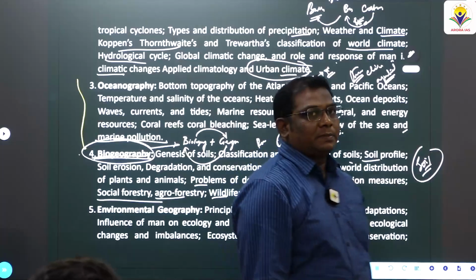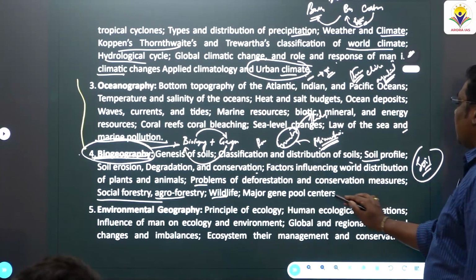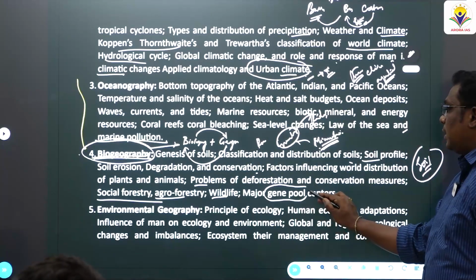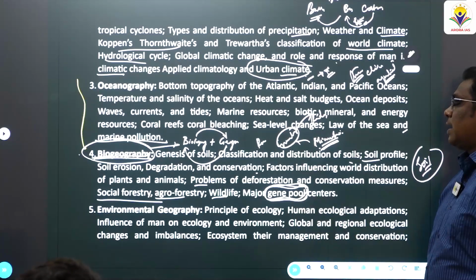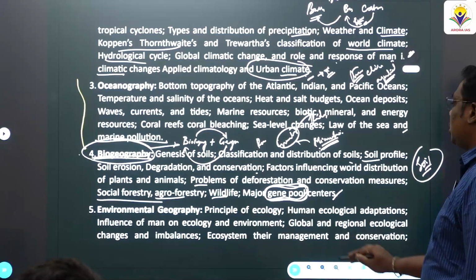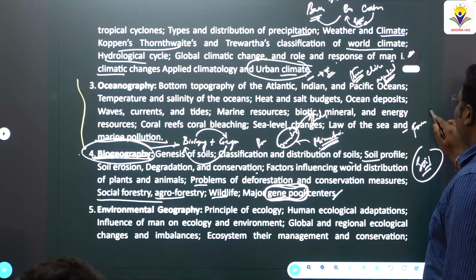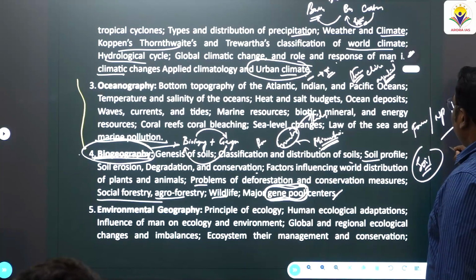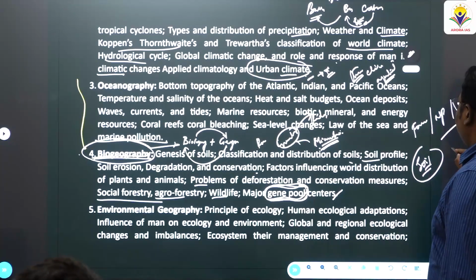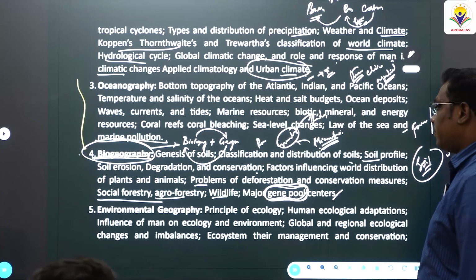Gene pool centers means the regions where the genetic diversity is very huge. That may be a forest, a national park, a biosphere reserve, or an artificially built seed vault like the Svalbard seed vault in Norway.